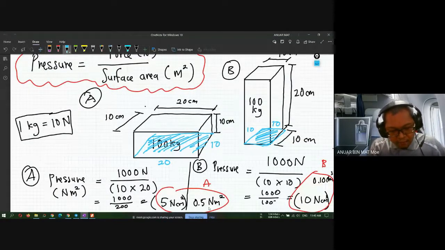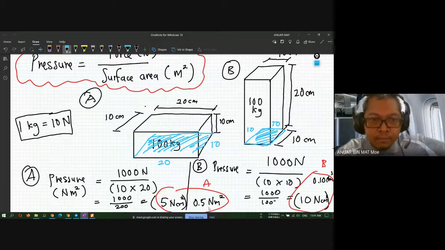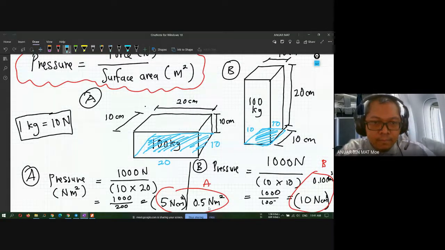If the position is the same, but you want to equalize or add the pressure at A over here, you must add what? What is the idea?